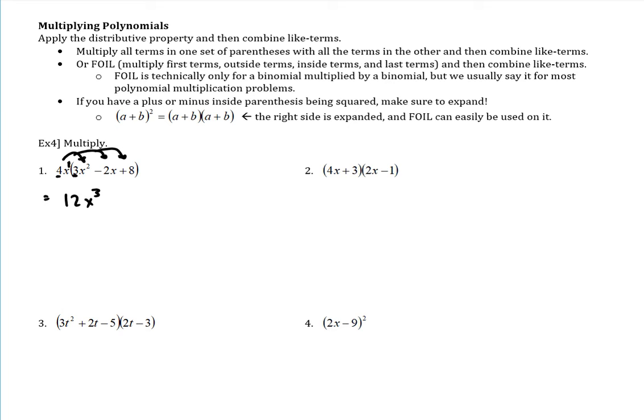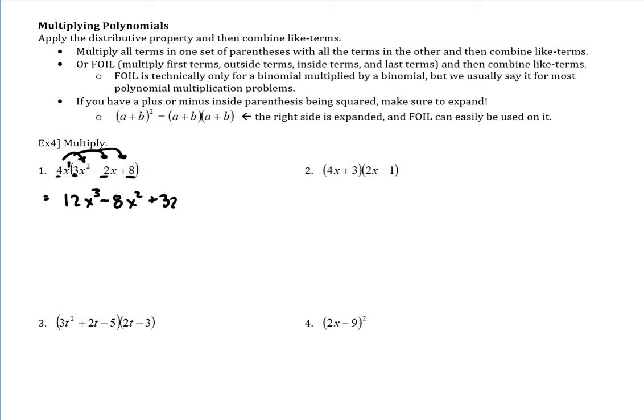And then we keep going with it. The 4 would times the negative 2. 4 times negative 2 is negative 8. And then x times x is x squared. So anything times itself is squared. And then one more time, 4 times 8, and we keep the sign with it.